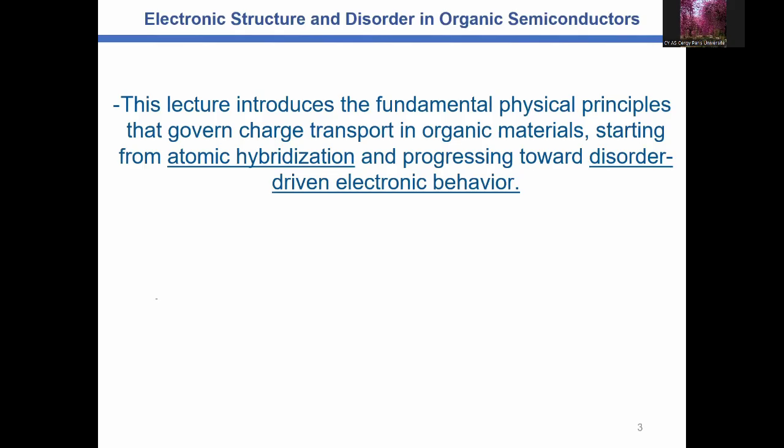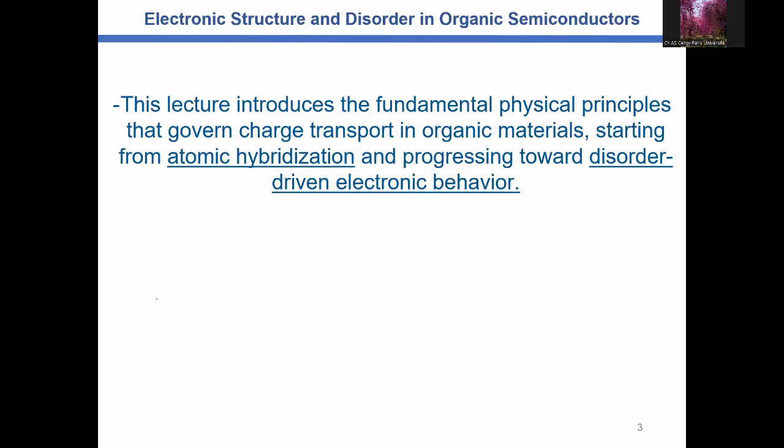In this topic, we will start from atomic hybridization, and how the hybridization of carbon can be the main influence on the electronic properties. If you are working with organics, you know that carbon can hybridize its orbitals with three different hybridizations.